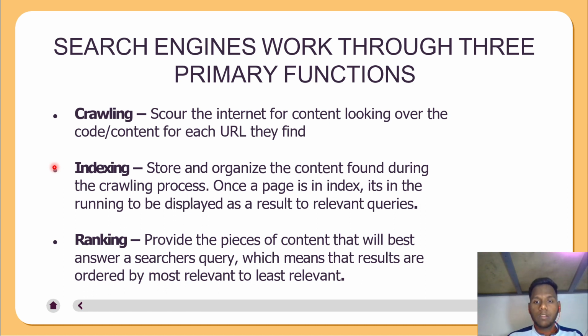Once a page is in the index, it is in the running to be displayed as a result for relevant queries. And the last one is ranking, which provides the pieces of content that will best answer a searcher's query, meaning that results are ordered from most relevant to least relevant.